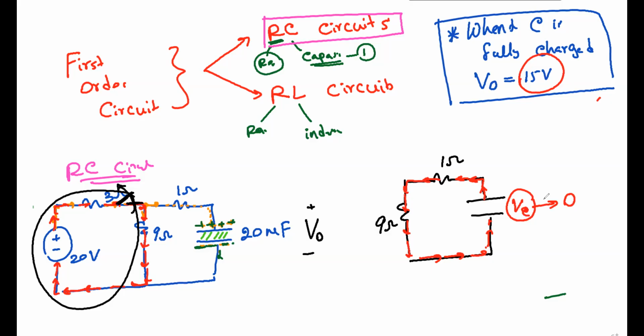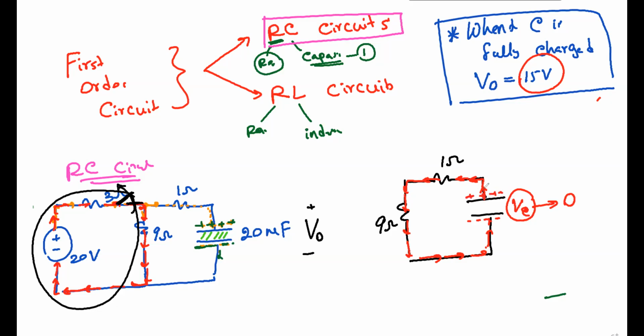Do you agree? Because it's expelling all the electrons that it has accumulated. Yes, it had electrons accumulated on the plate, so those electrons will flow until it is fully discharged, because we have a positively charged and a negatively charged plate.